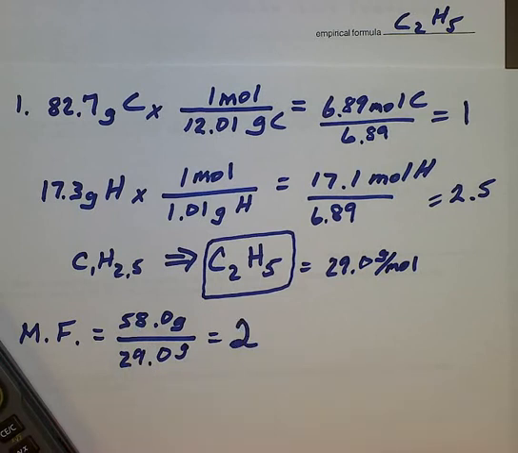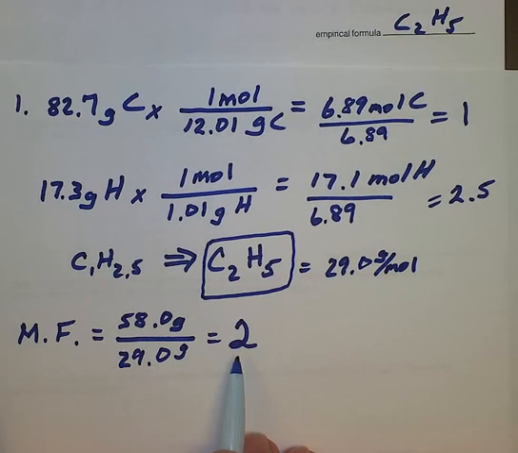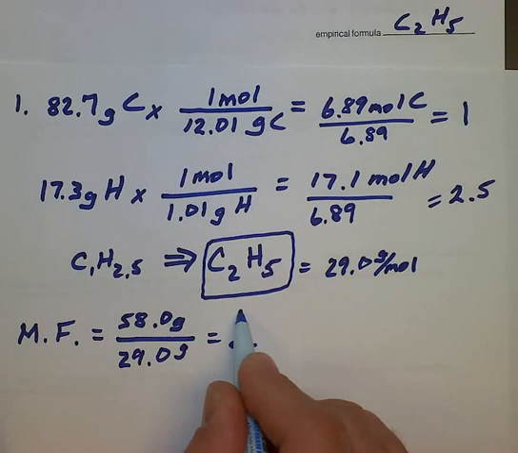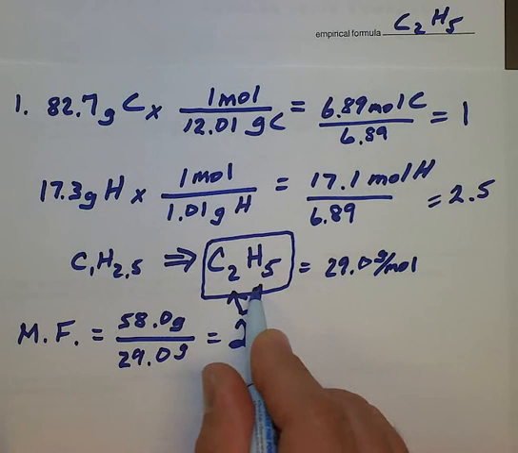You will always get a whole number for this measurement. You will always get a 1, 2, 3, or 4, maybe a 5. But it'll always be a small whole number. And what we're going to do with this number is we're going to multiply it by the subscripts on the empirical formula.